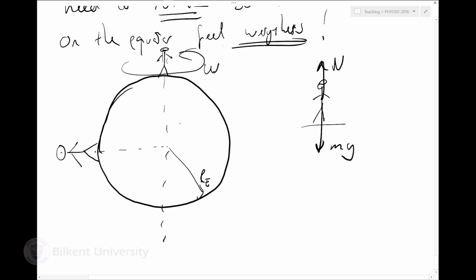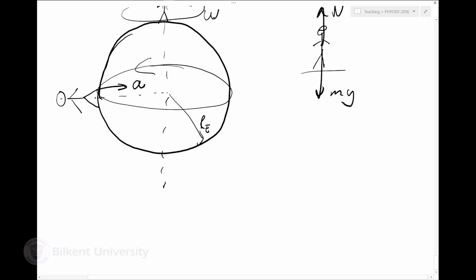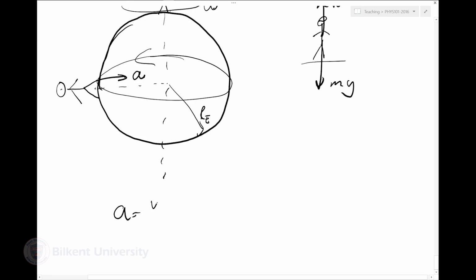I'm essentially going around the circle here, right? With radius RE. So my acceleration is towards the center. And that acceleration will be v squared over r Earth. But v is omega times r Earth. So it's going to be omega squared times r Earth.